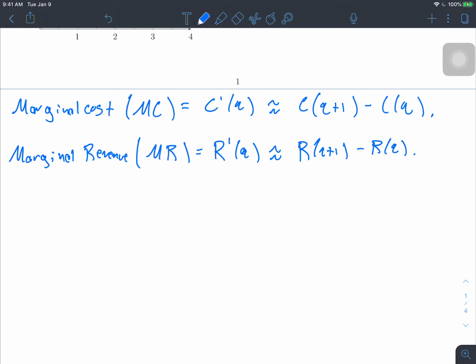And well, they don't put this in the book, but I'm going to put it here. Marginal profit. Maybe we'll abbreviate it MP. Is R prime of Q minus C prime of Q. And you can approximate it in much the same kind of way. You plug in Q plus 1 and then plug in Q and subtract those two numbers, and you'll get something which is relatively close to the real marginal profit, provided that your profit function is nice and smooth.